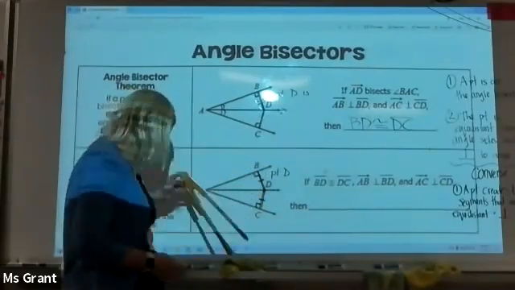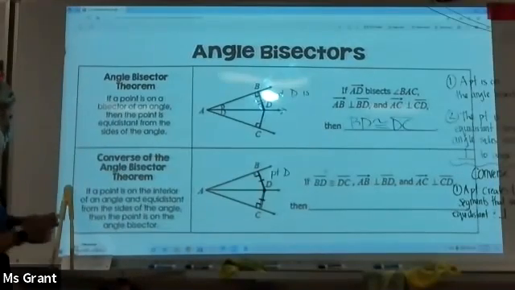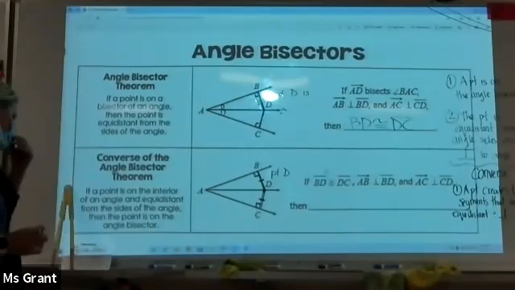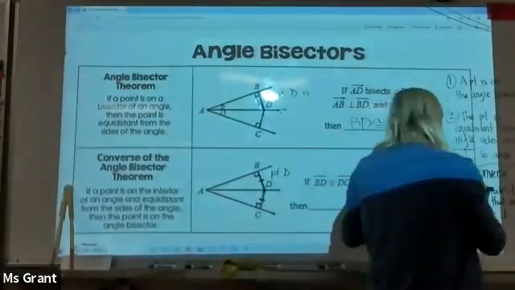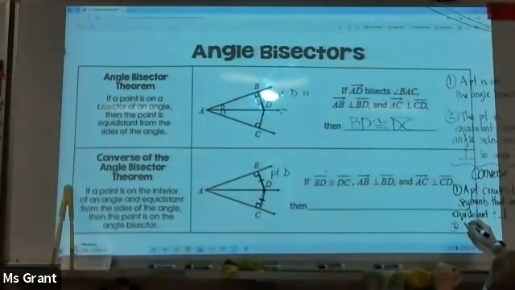That's the converse of step 2, which I'll have to write: the segments are on the angle bisector.